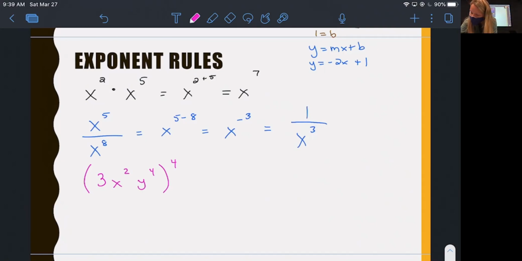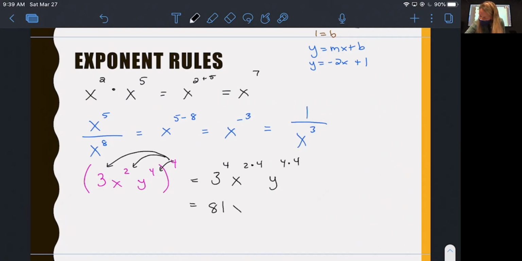It goes to everything, including the coefficient. So the 3 gets it, the x gets it, and the y gets it. Everybody gets that 4, and you're multiplying it. So this would be 3 to the 4th, x to the 2 times 4, and y to the 4 times 4. 3 to the 4th is 81, and then x to the 8th, y to the 16th.